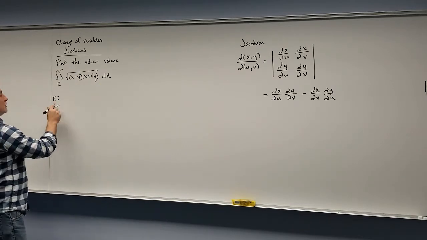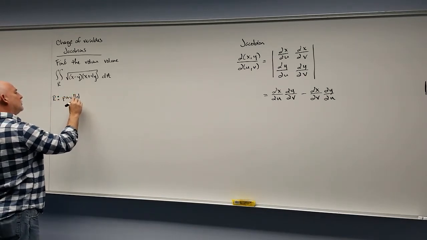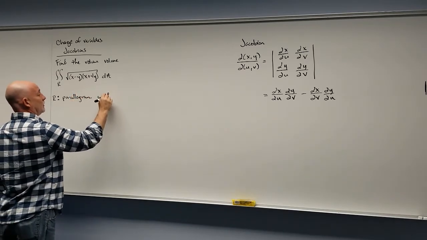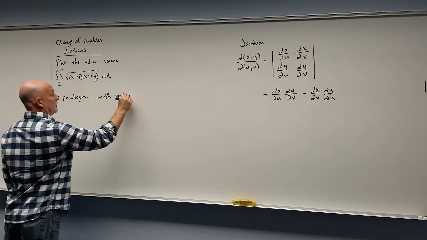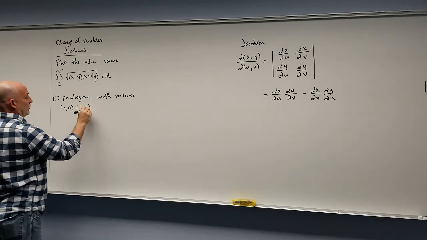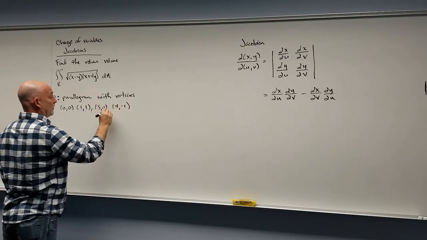So what is our region? Let's say the region is the parallelogram with vertices, let's do 0, 0, 1, 1, 5, 0, and 4, negative 1.